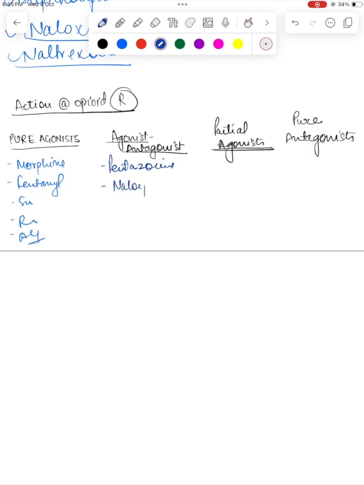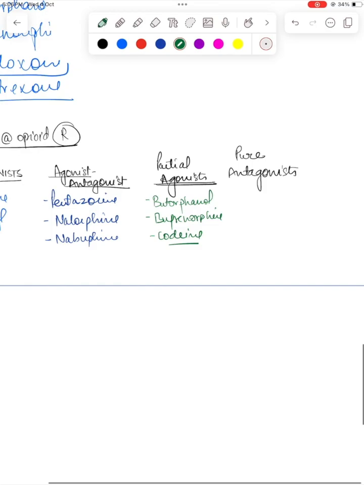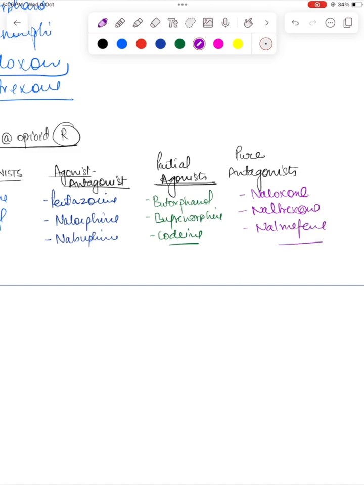Apart from pentazocine, nalorphine is one drug that has mixed activity, and nalbuphine is another drug. Then we also have partial agonists such as butorphanol, buprenorphine and codeine. And finally, among the pure antagonists, you have naloxone, naltrexone, nalmefene.